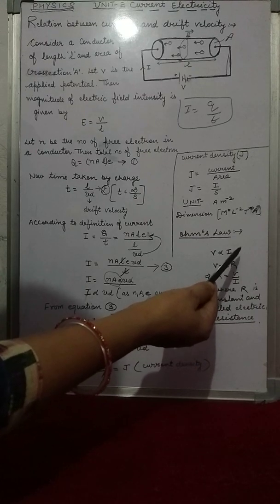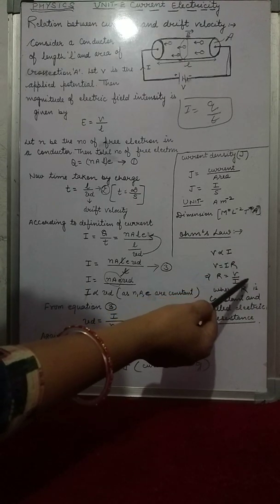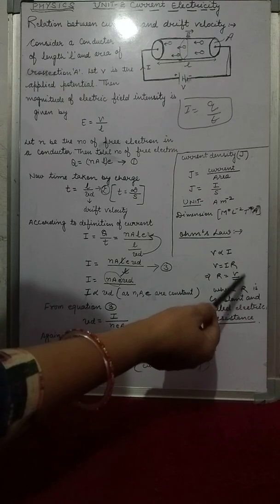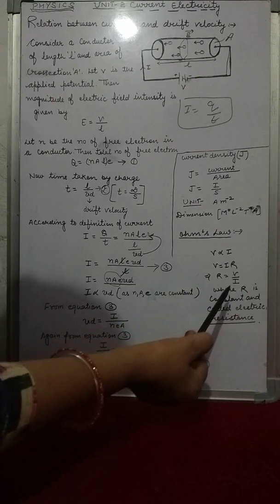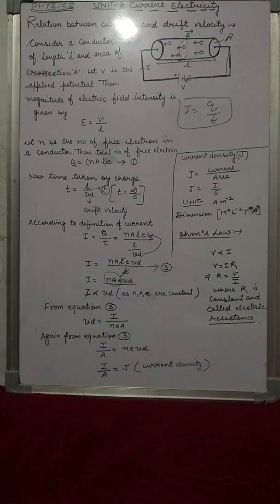This R is the constant and is called the electrical resistance. From here we can calculate the value of R, that is V upon I, and R is called the resistance.